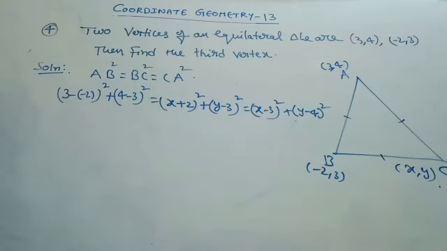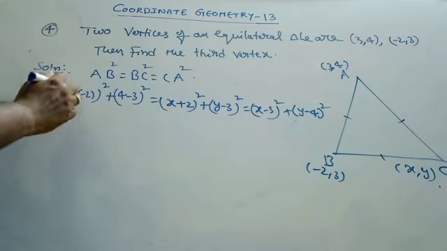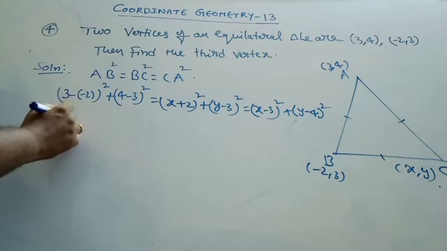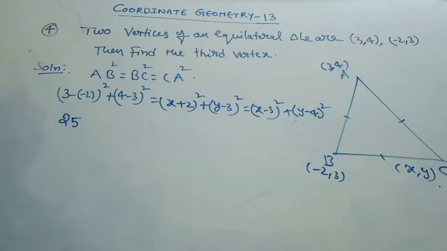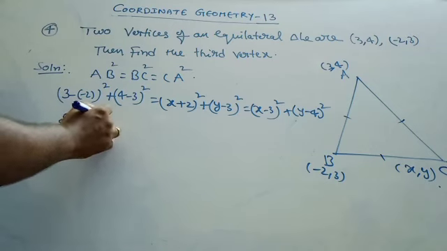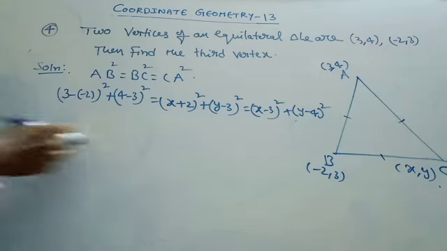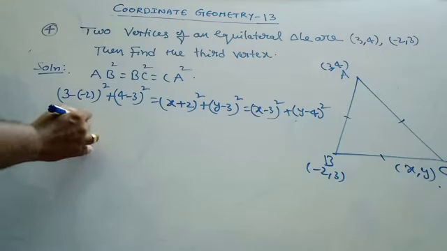From this we are going to derive that 3 minus of minus 2, that is 3 + 2 = 5, squared is 25, plus (4 − 3)², that is 1² = 1. 25 plus 1 simplifies to 26, right?